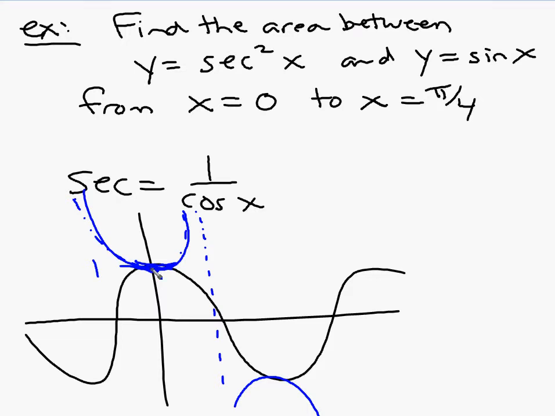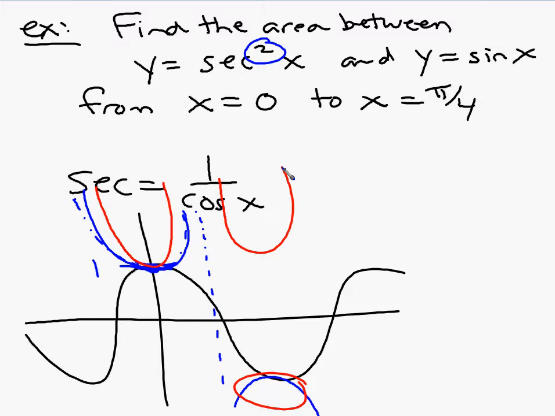So it still goes through here. If I'm doing secant squared, this thing's going to be a little bit steeper, and this thing right here isn't going to be down there, it's going to be up here. We could find this out on the graphing calculator, but it's good for you to remember that analytically.